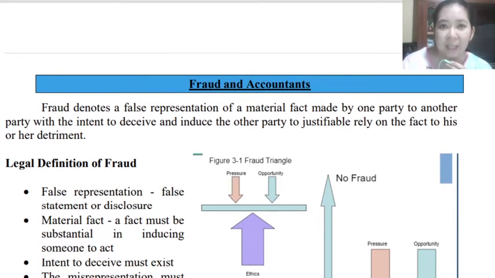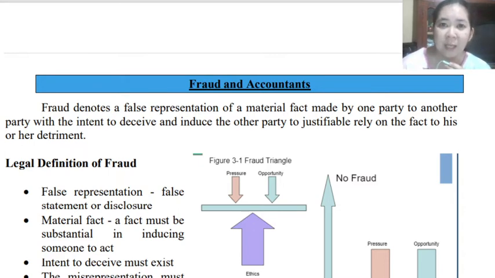In some cases, there are frauds in which accountants are involved, because our role in an organization is to provide financial information which is normally used for economic and sound decision making of the users.